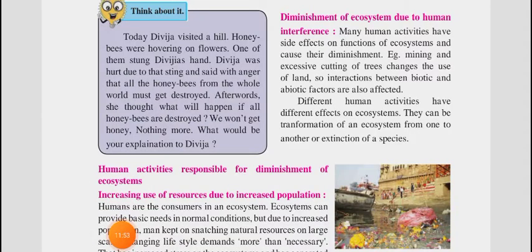Next part is diminishment of ecosystem due to human interference. Because of human activities, we have different effects on ecosystems, such as transformation of an ecosystem from one to another and extinction of species. This way we can diminish the ecosystem.